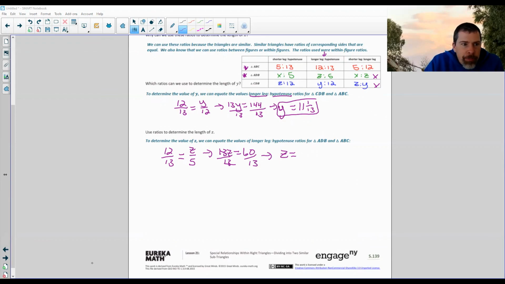Should still be here. 60 divided by 13 is 4 and 8/13, remainder of 8. So there is the length of z. So using the table really makes it a lot simpler.